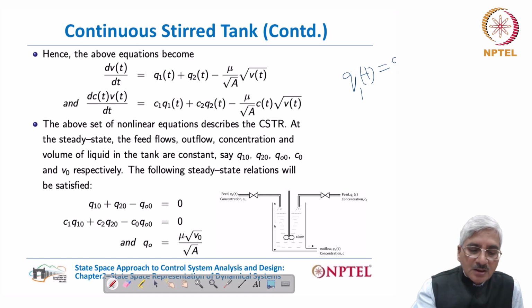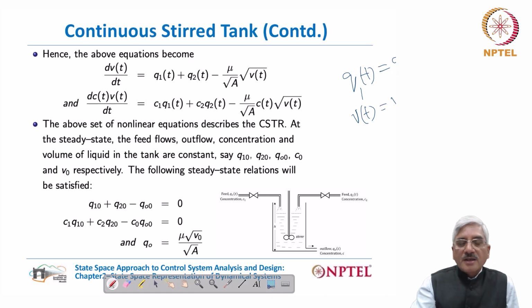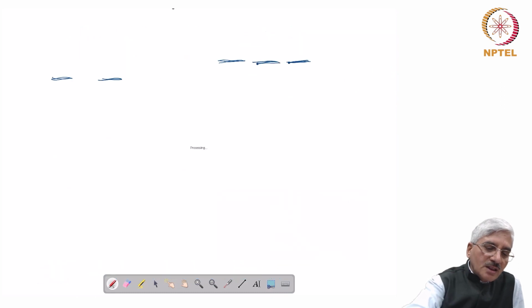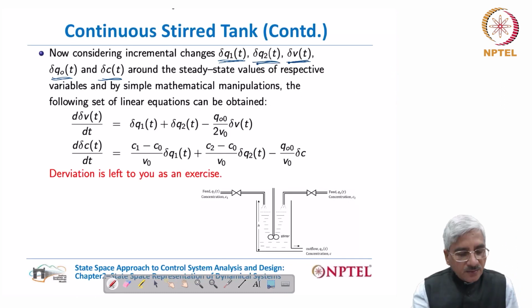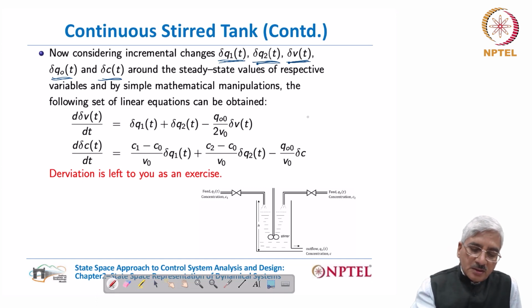Similarly Q2t, and similarly Vt, which will be V0 plus delta Vt. So we make this substitution, and we also recognize that the rate of change of these steady state quantities with t will be 0. So we do that, and I leave the derivation to the student, and we will get these expressions.